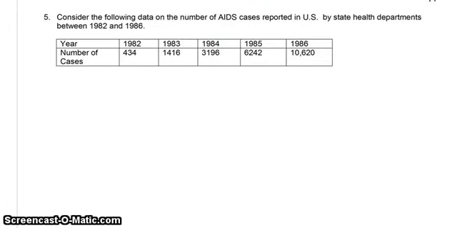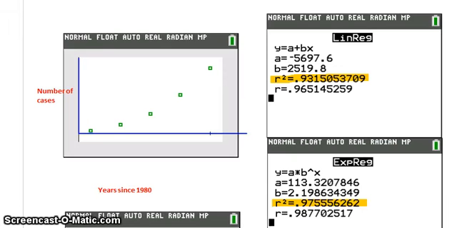Which model is best? Okay, you guys try it and use years since 1980. All right, so we make a scatter plot. We have number of cases versus years since 1980, and that's right there in front of us.